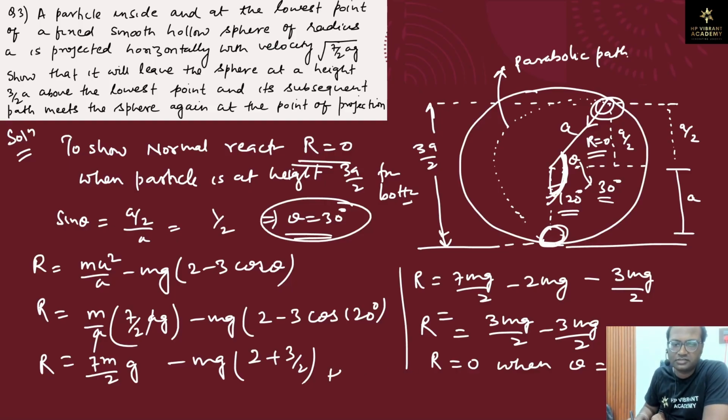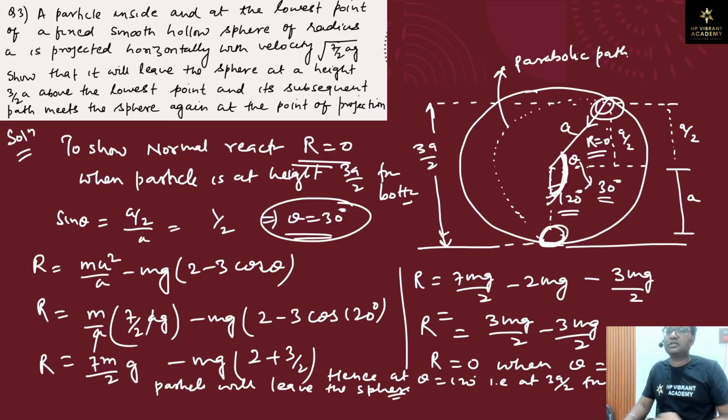Okay, so hence at theta is equal to 120 degree, that is at 3a by 2 from bottom, the particle will leave the sphere.